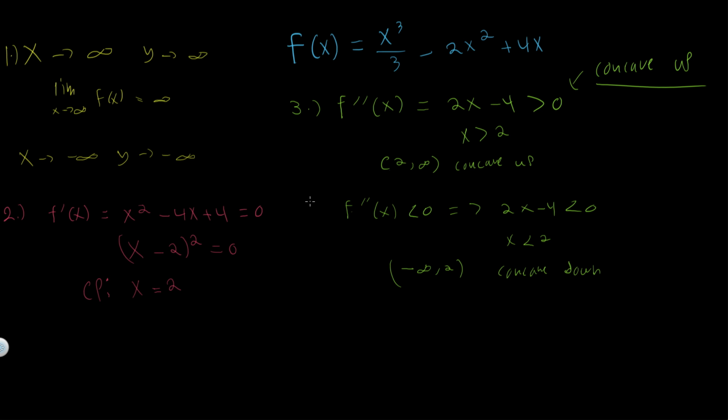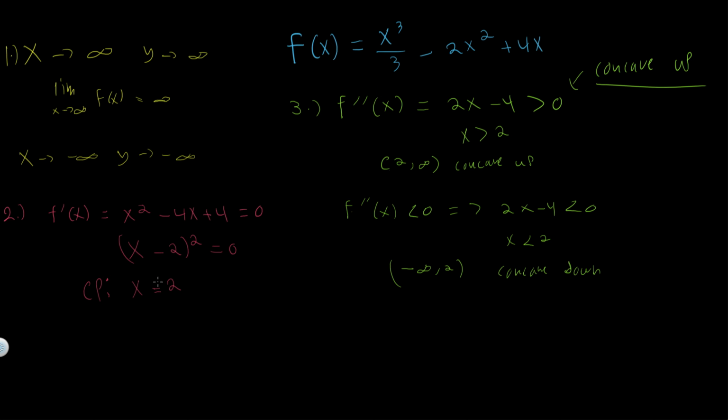At x equals 2, we know that this is either a minimum or a maximum. So at x equals 3, if the value is greater than at 2, that means this should be a relative minimum, and a value at 1, if it's also greater, then it should be a relative minimum. So let's see what happens.